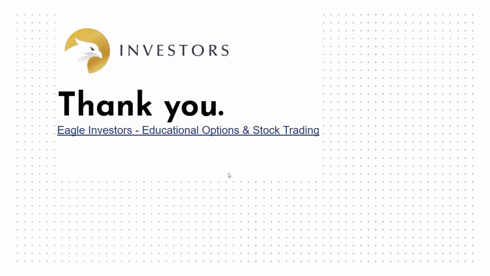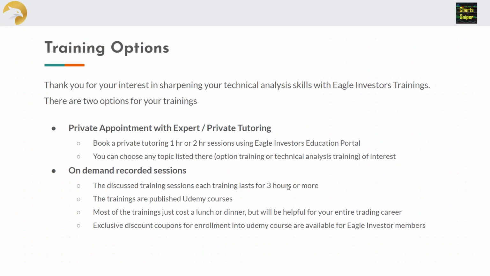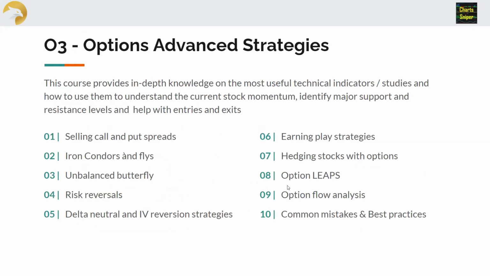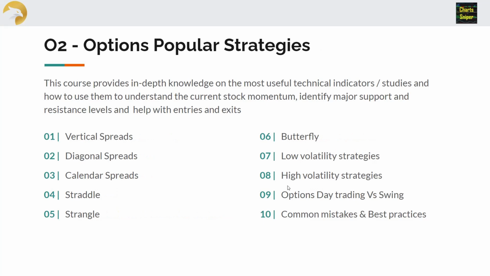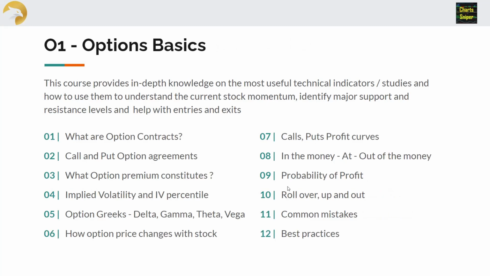That's, at a very high level, an overview of the options trainings that the Eagle Education Program offers all its members, to improve their understanding and build a strong, standard foundation for trading options.